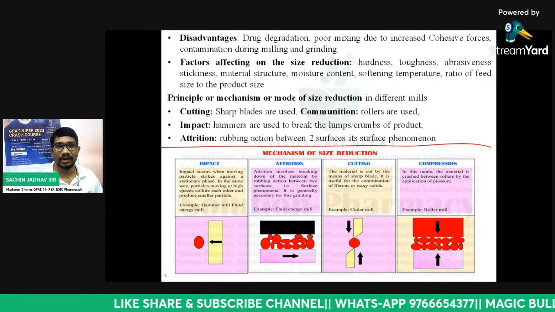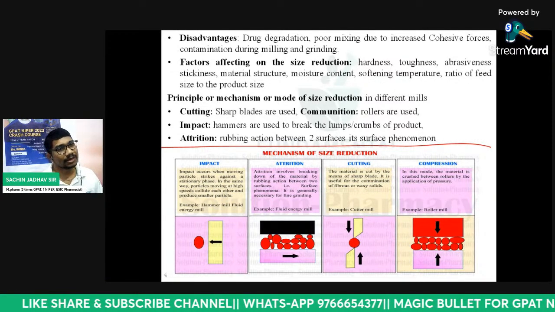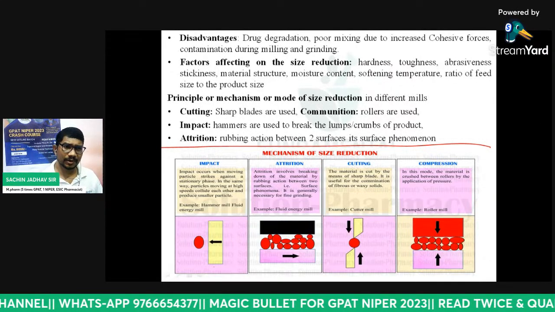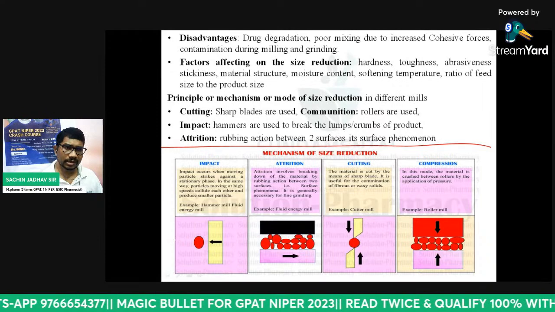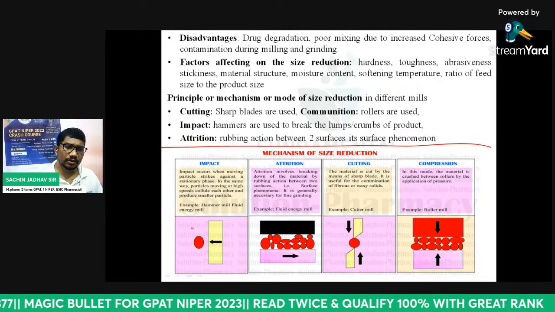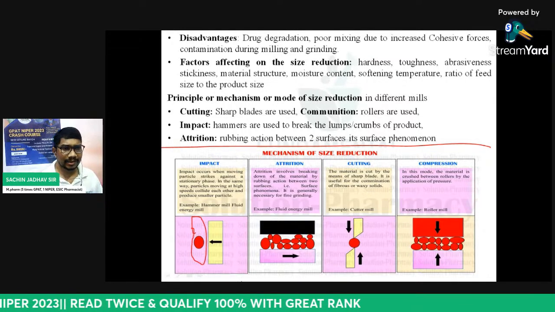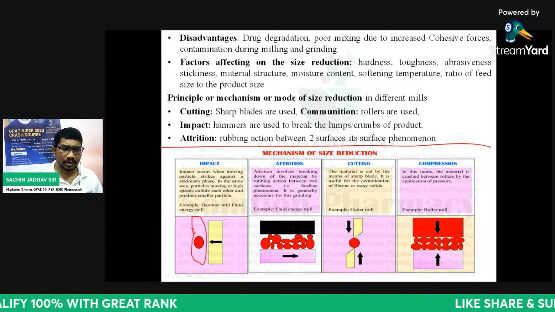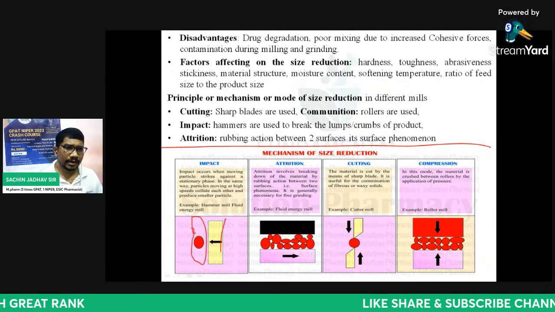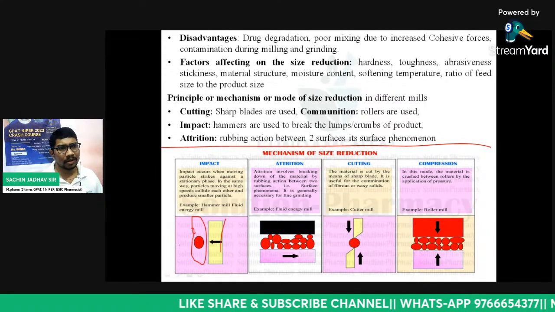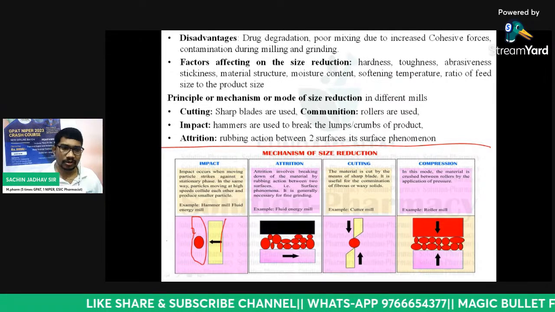Crushing is also a mechanism, and rollers are used for crushing. Now you can see the mechanisms of size reduction in a simple way. The first one is impact. Suppose this is a material. Either a hammer is thrown on the material, or the material is thrown on the hammers.